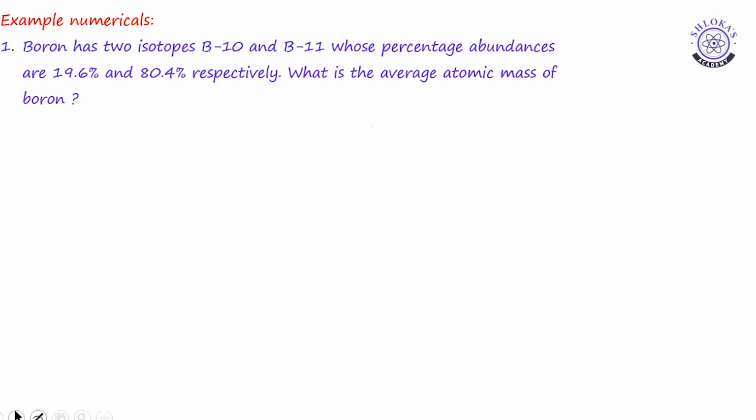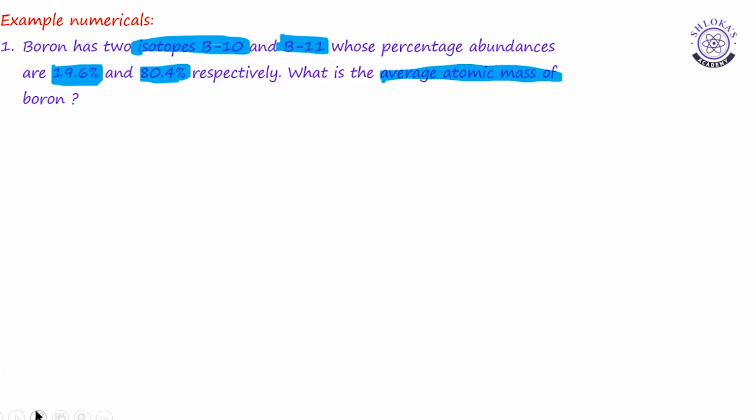Let me take one question here. Boron has two isotopes, boron 10 and boron 11, whose percentage abundances are 19.6% and 80.4% respectively. Then what is the average atomic mass of boron? The same formula we should use.